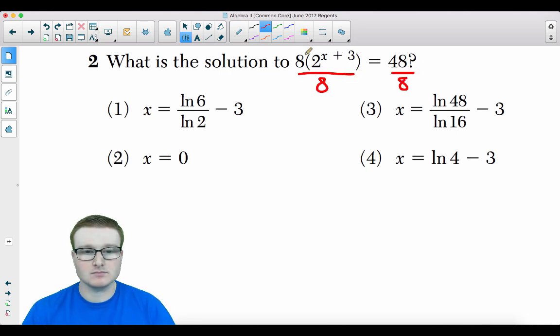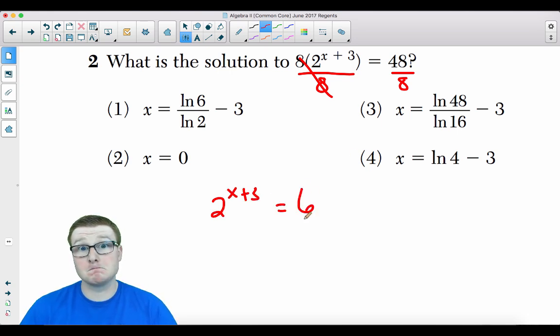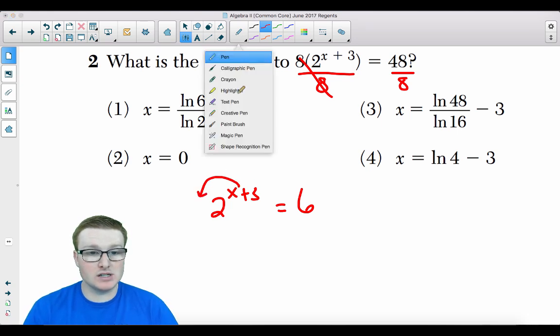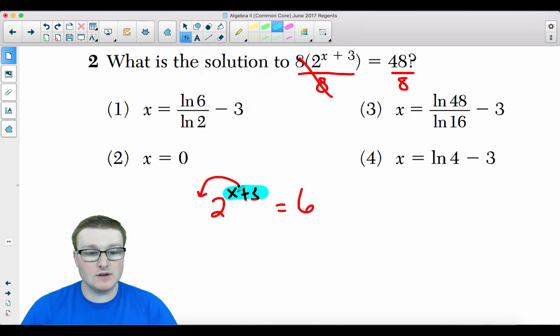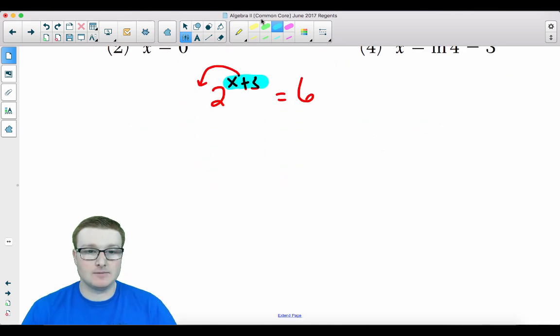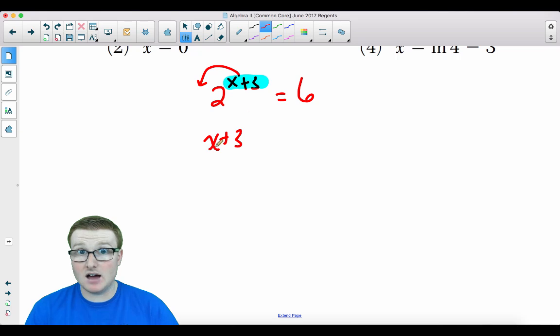So we get 2 raised to the x plus 3 is equal to 48 divided by 8, which is 6. Okay, move this whole exponent, the x plus 3, down in front of the 2. The minute you move an exponent down with an x, you need to write ln or log.